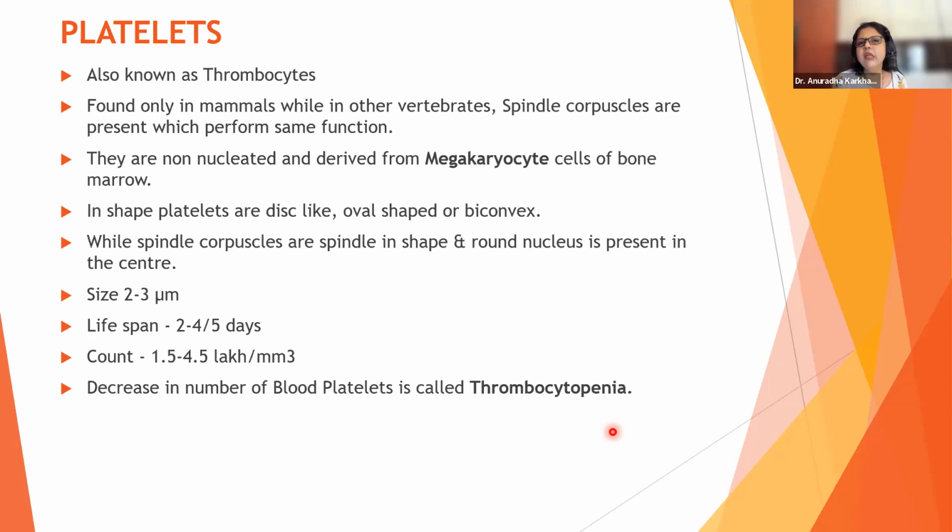Size is 2 to 3 micrometers. Lifespan is 2 to 4, maximum 5 days. Count 1.4 to 4.5 lakhs per mm. Decrease in the number of platelets is called as thrombocytopenia. Penia matlab less. Okay.